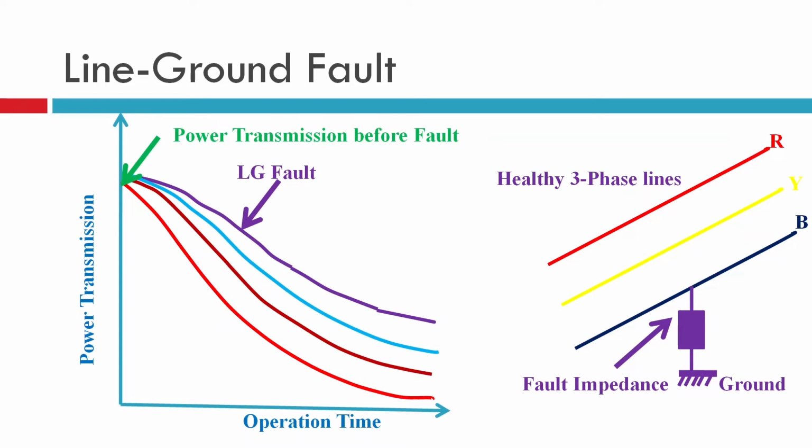Actually, this happens because any phase of this transmission line is broken and touching the ground, either directly or through some object.